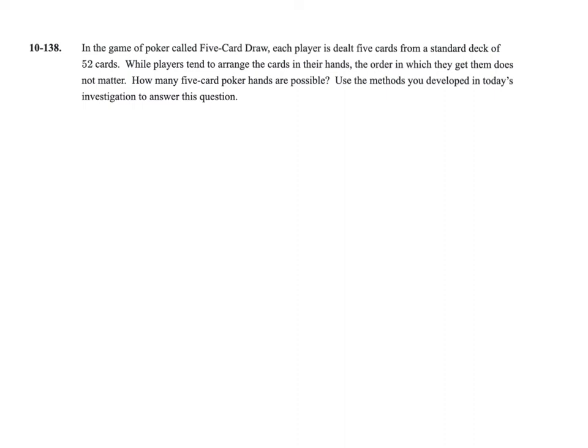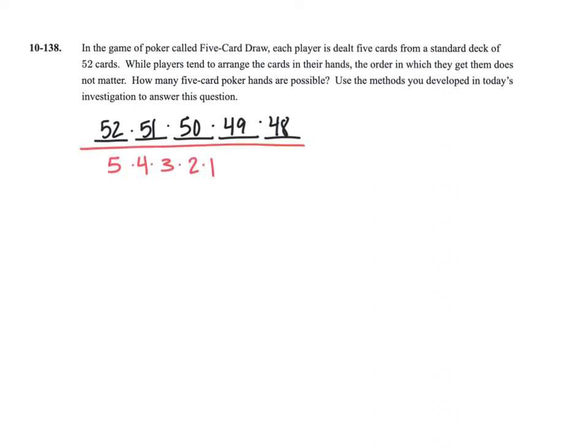So the first thing I'm going to do is write it out like I would a permutation. I would make my decision chart, and then I would have 52 choices for my first card. And then because that one's already in my hand, I would have 51 choices for the second, and so on until I have the possibilities for all 5 cards in my hand. Now, because the order that I get the cards does not matter, I need to divide that by the ways that those 5 cards can be arranged, which is 5 factorial.